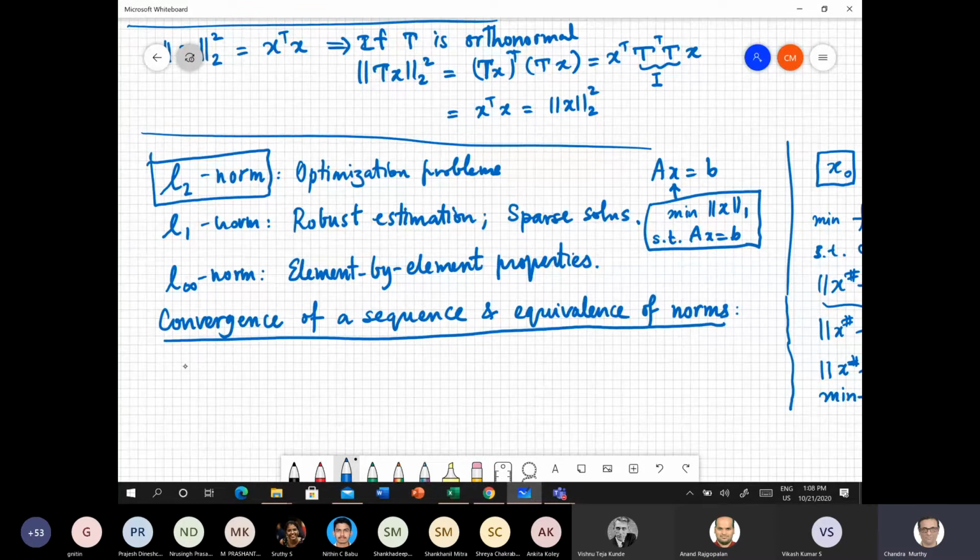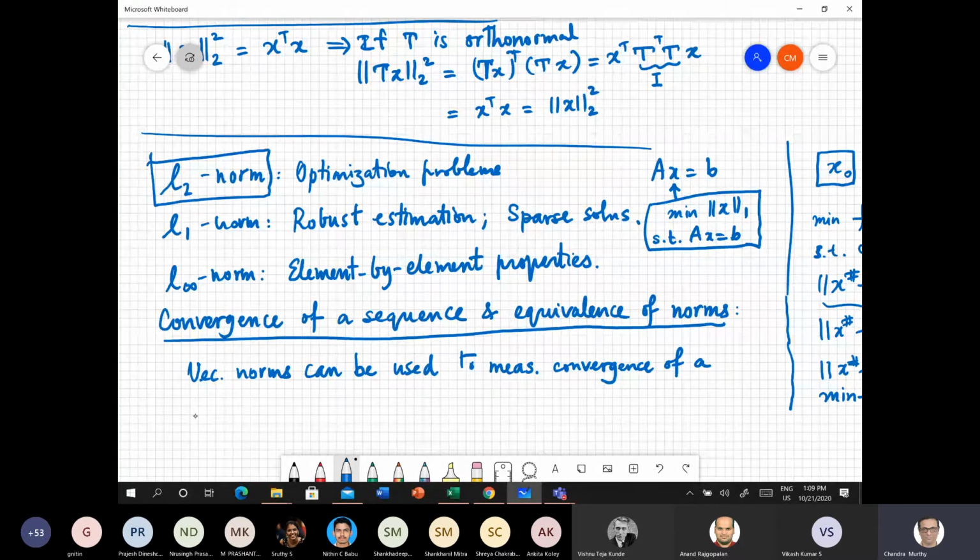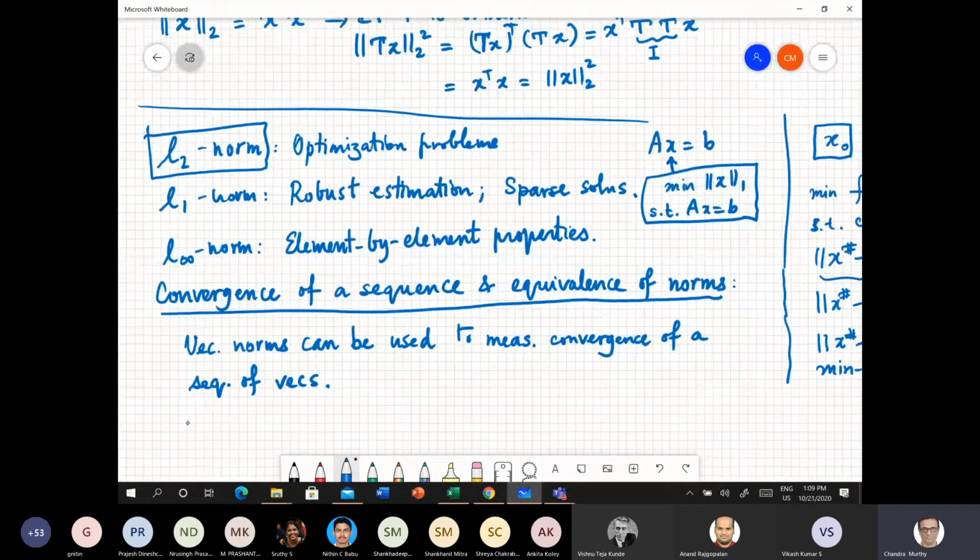The punchline is that vector norms can be used to measure convergence of a sequence of vectors. So let me define convergence first.